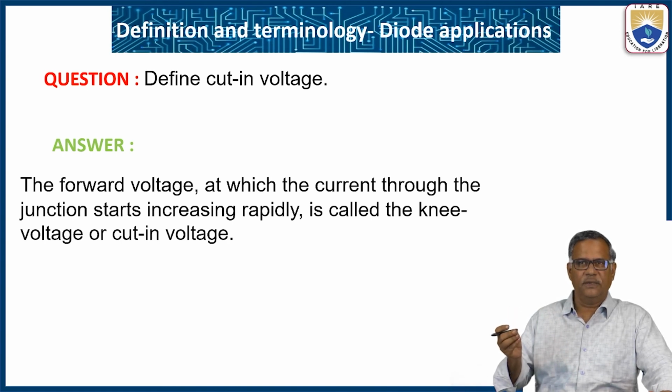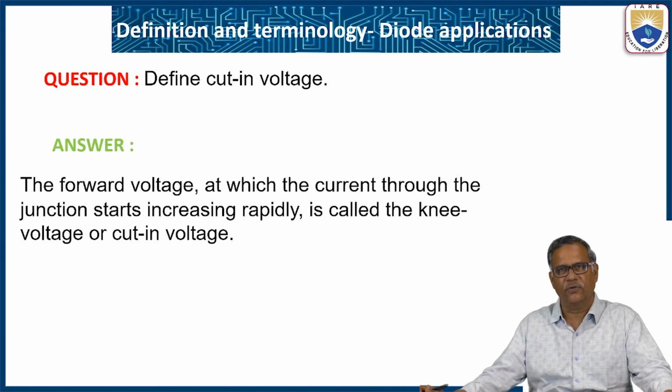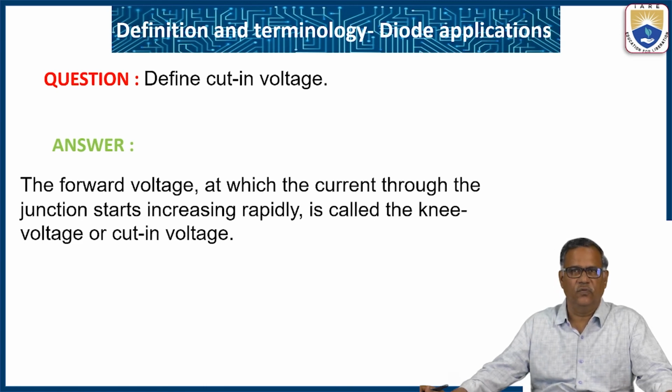When you increase the voltage slowly, only when the applied input voltage is more than the cutting voltage does current flow through the circuit. That is called the cutting voltage. The forward voltage at which the current through the junction starts increasing rapidly is called the knee voltage or the cutting voltage.